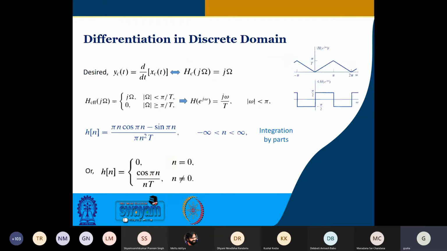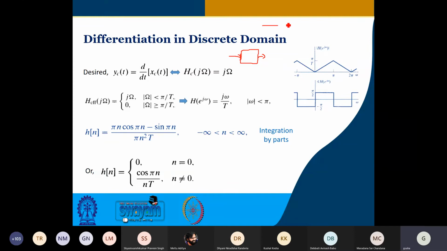Now we look at another example where we are looking for a system in the continuous time domain which is performing differentiation of the input signal. So the output signal is a differentiated version, the derivative, of the input signal. So this is what we desire.